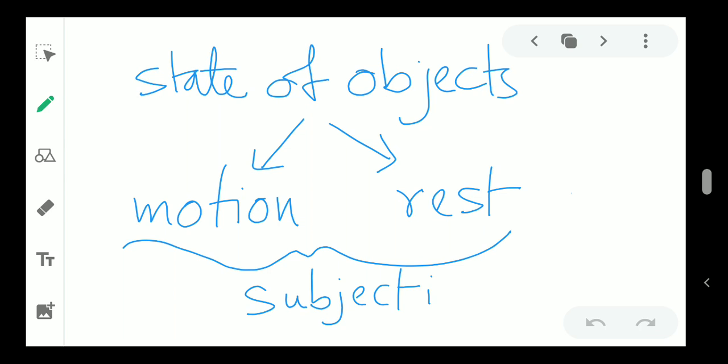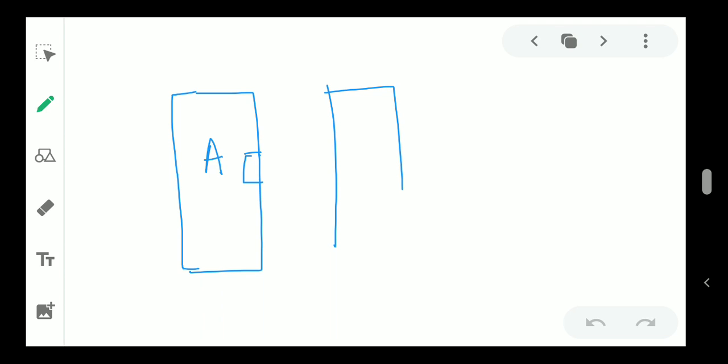Now why is this subjective? Let us say that you are going in a train, train A, and through your window you are looking at another train which is going in the same direction, train B. The velocities of the two trains are the same.